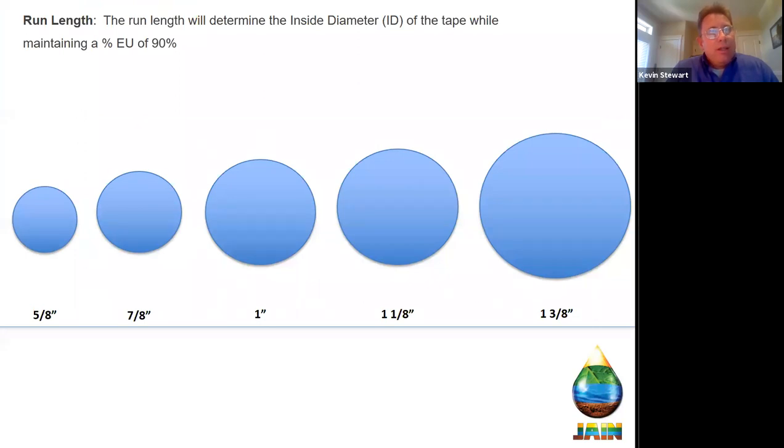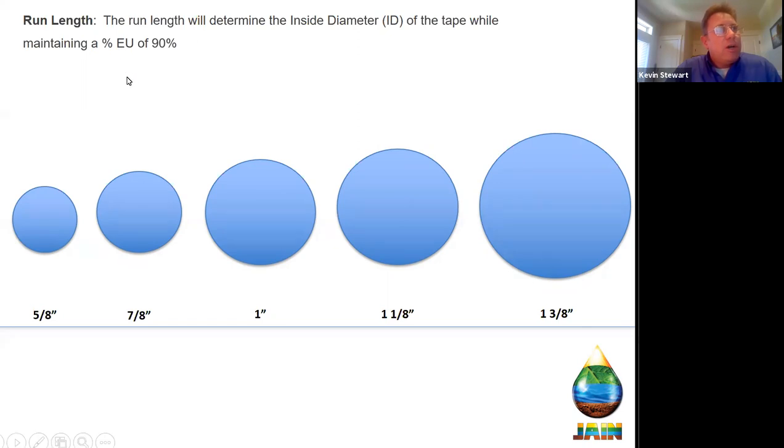And at Jain, we've made investments in different products, so we run the whole spectrum on this. But our 5/8 inch drip tape is really meant to go maybe as much as 700-800 feet, and some of this will depend on flow and spacing. If you've got a higher flow, it's going to be a little bit less.